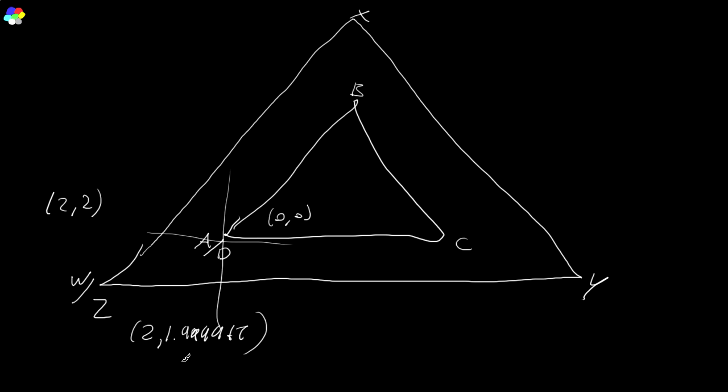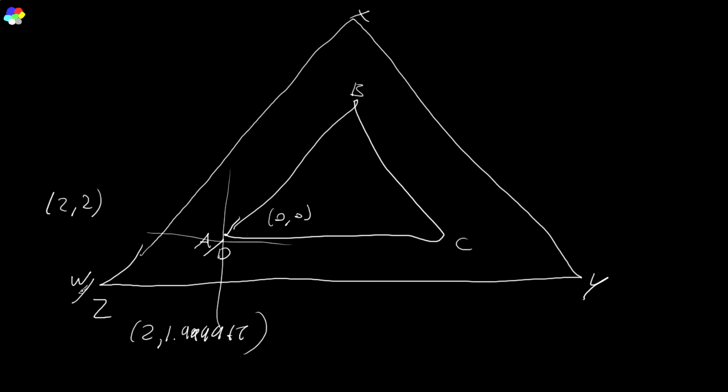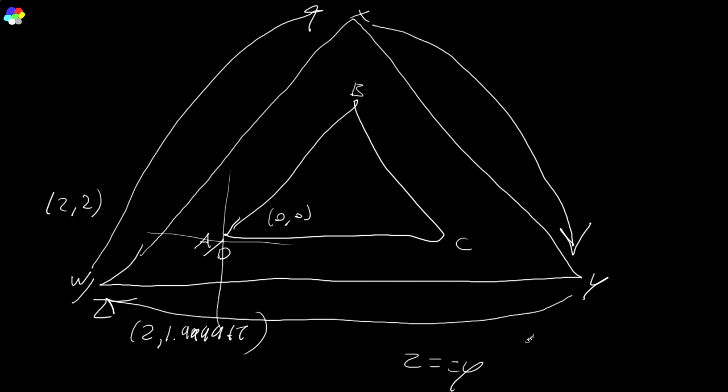So, LibreCAD. How do we solve this problem? Will you do another workaround? Basically, my solution is yes. In our algorithm where we compare a vertex to its next vertex, we don't check to see if, for example, Z is equal to Y. We check to see if the distance between Z and Y is less than some threshold.